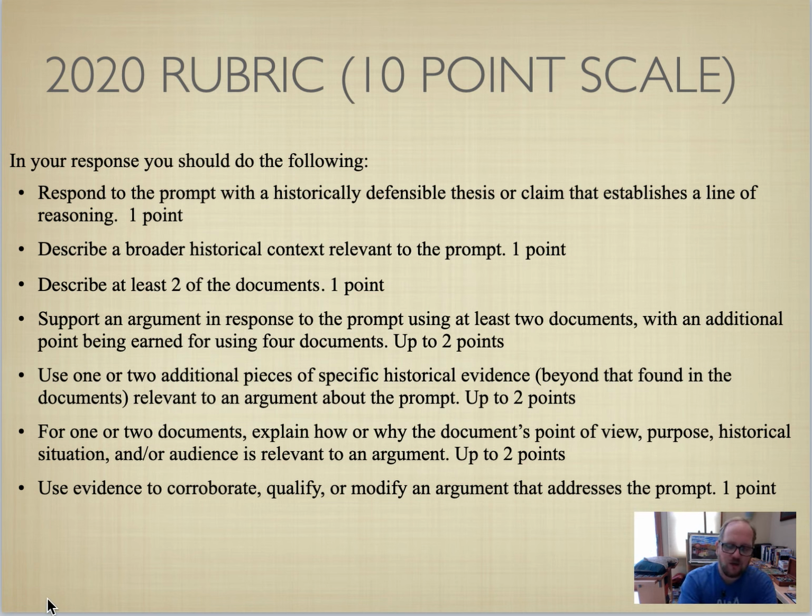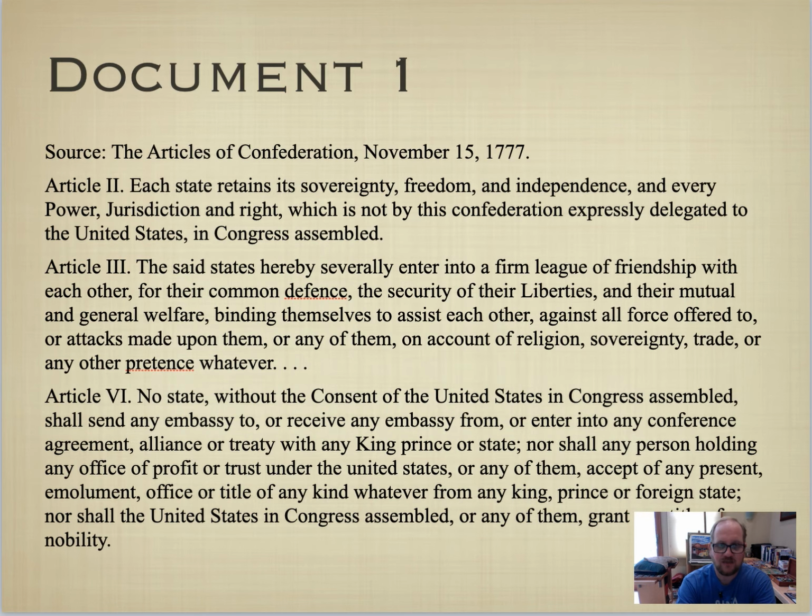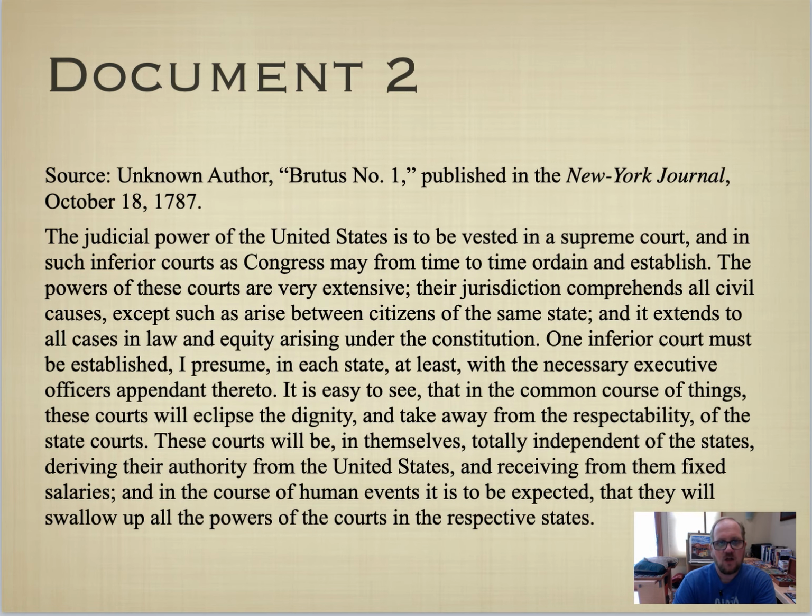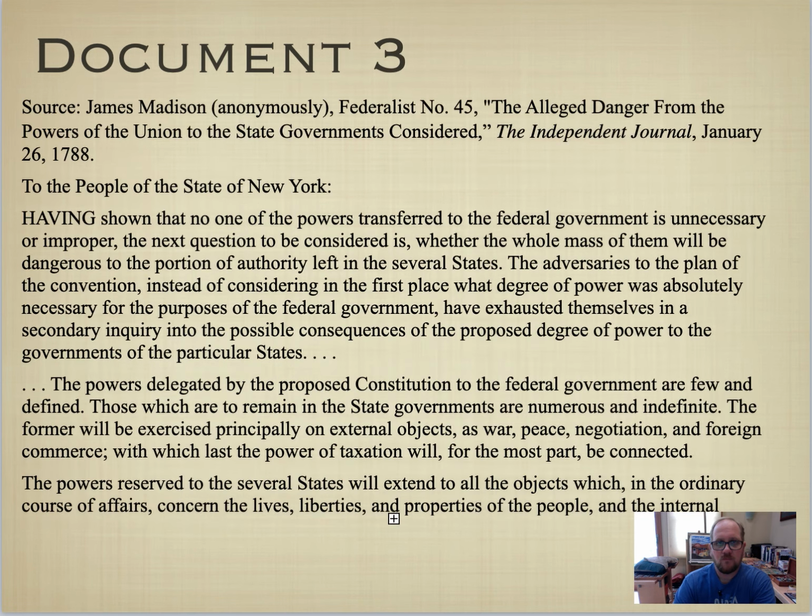And here are the documents. I'm not going to go through those with you, but I'll give you a couple seconds. You can always pause this and look at the documents if you want to write this and use it as practice. This is document 1, Articles of Confederation. Document 2, Brutus, number 1, which is a response to the Federalist Papers. Document 3, the Federalist number 45 by James Madison.